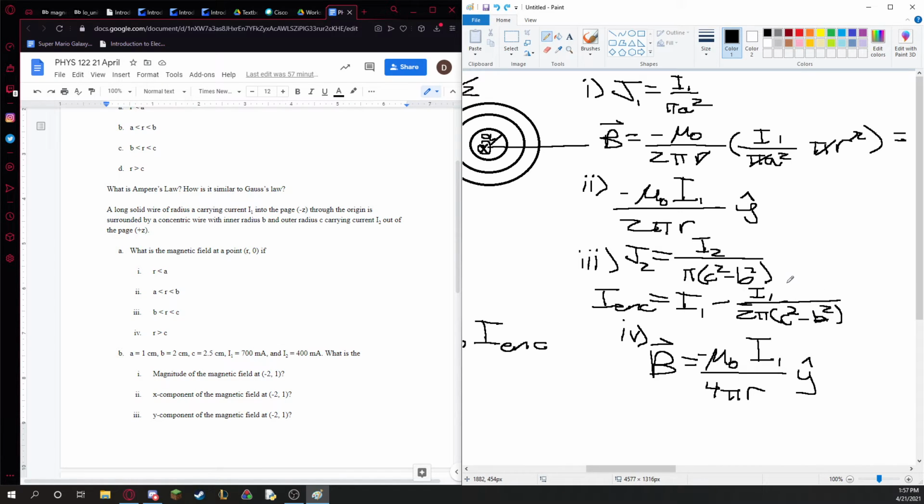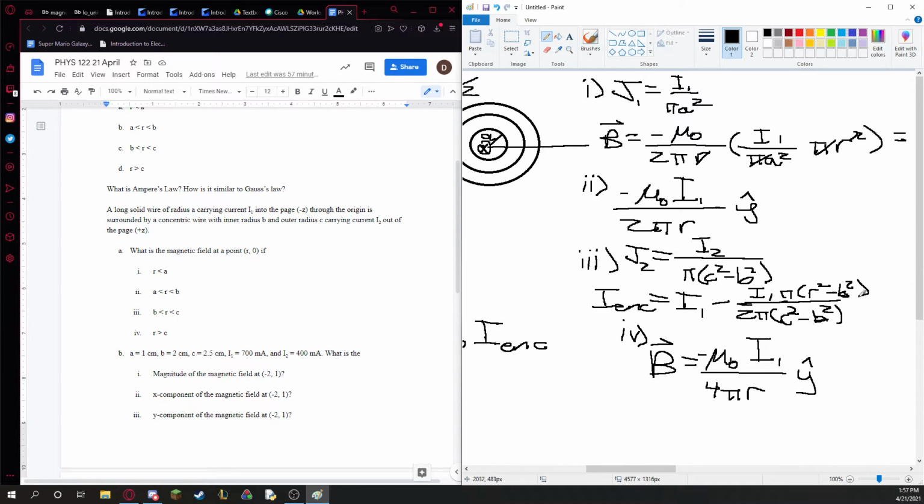pi times what? Our total enclosed area, if we're at an arbitrary distance r that's between C and B, is r squared minus B squared.